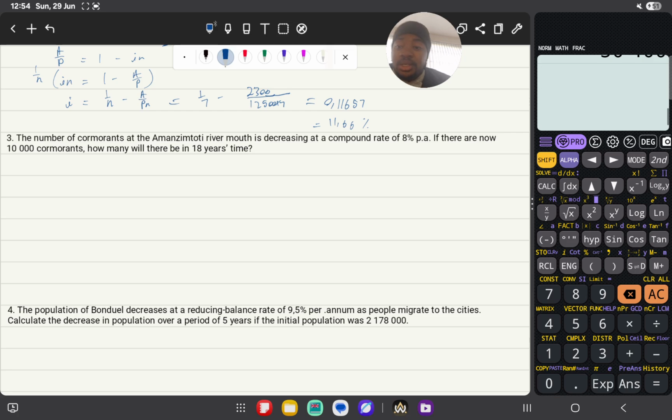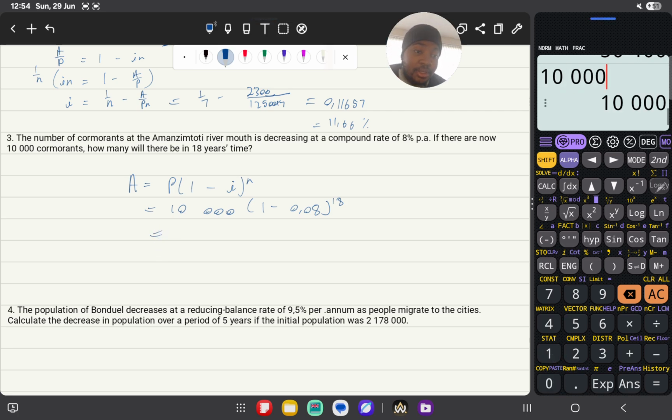So it's the first formula: substitution, 18 years, and then calculation.